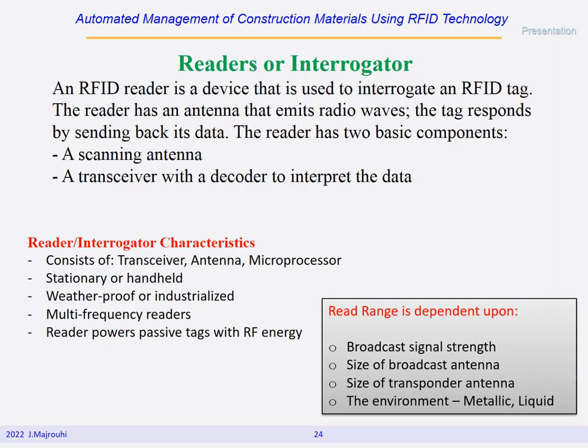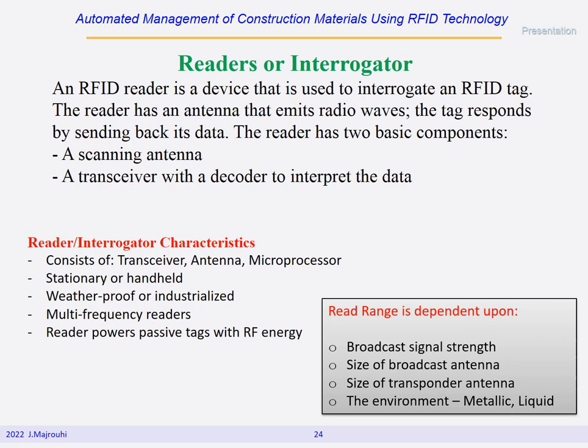What is a reader? An RFID reader is a device that is used to interrogate an RFID tag. The reader has an antenna that emits radio waves. The tag responds by sending back its data. The reader has two basic components: a scanning antenna, and a transceiver with a decoder to interpret the data. Reader or interrogator has some characteristics.